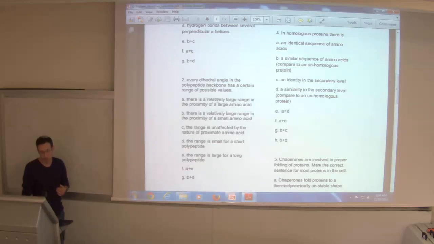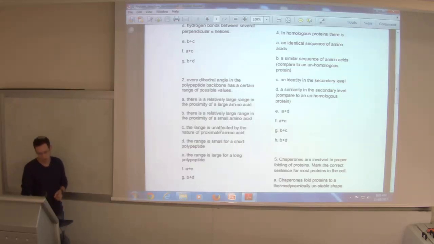If any, there will be a relatively small range of possible dihedral angles around a large amino acid, an amino acid with a large residual group. And indeed, that's what we see on average in the Ramachandran plot. B, there is a relatively large range in the proximity of a small amino acid, is just the opposite, and it's correct. It's exactly the specific example we saw for glycine.